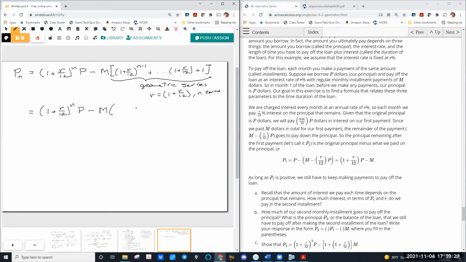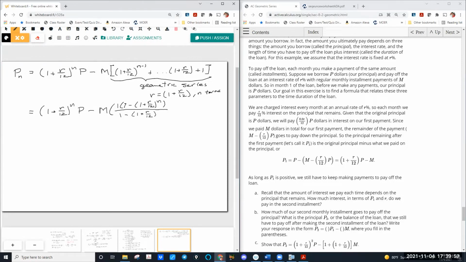The first term is 1 times 1 minus our common ratio, which is 1 plus r over 12 to the n, over 1 minus 1 plus r over 12.